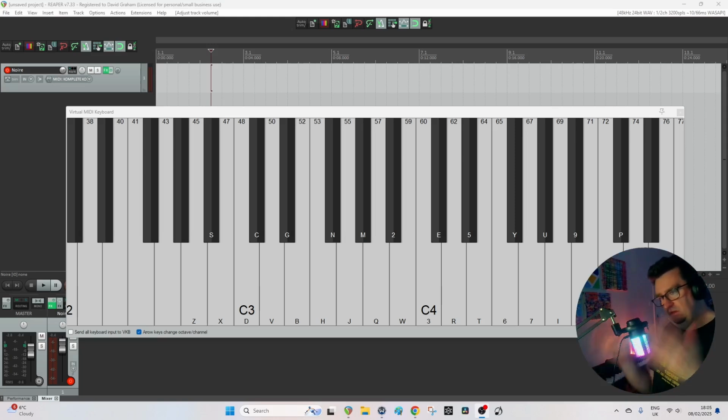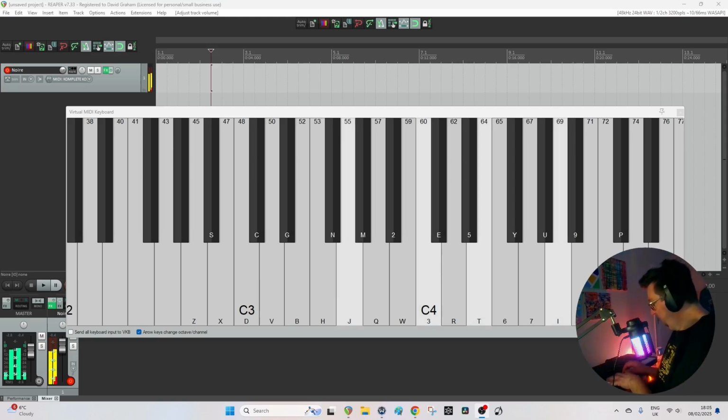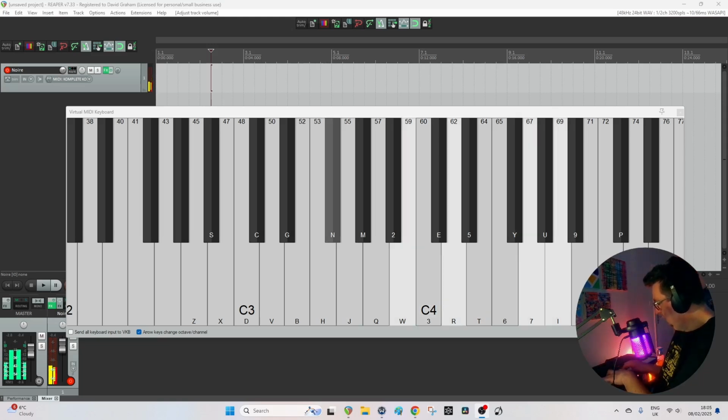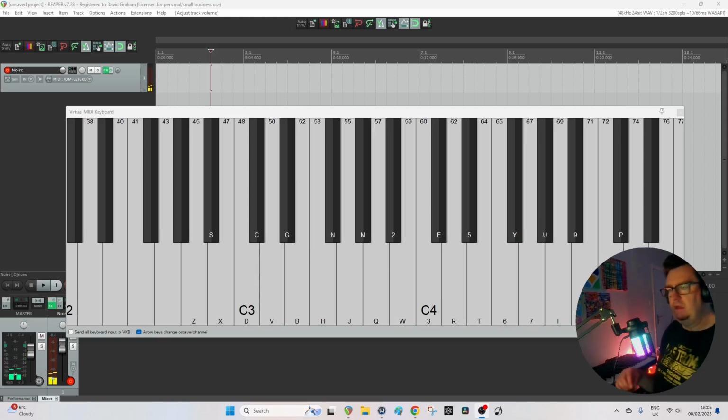So instead of changing, if it was every bar or whatever, they change every two bars. We would now have... It gives the whole thing a much more laid back feel than it did originally.